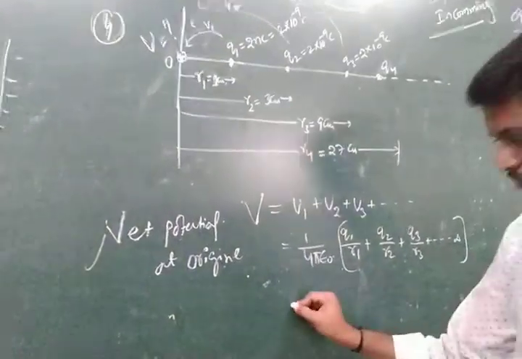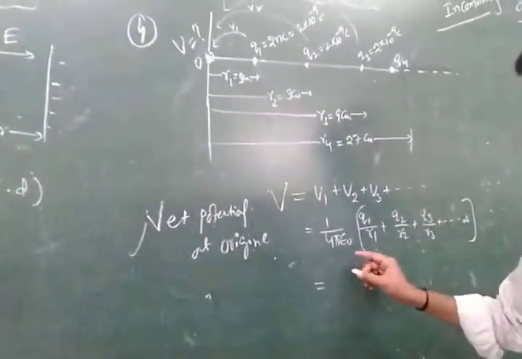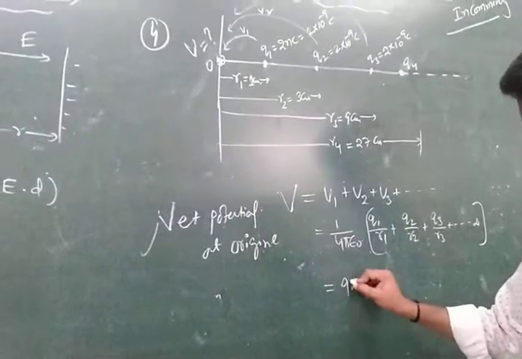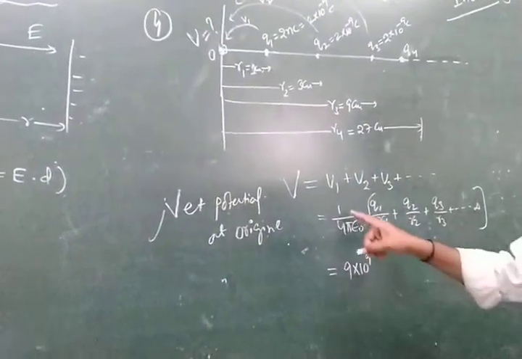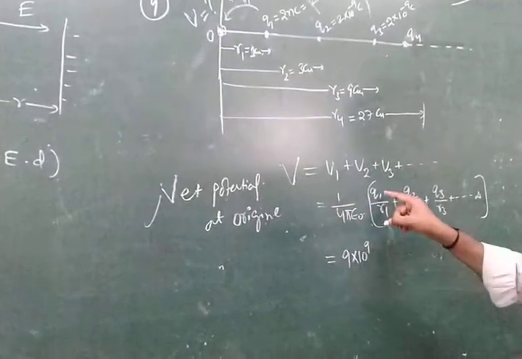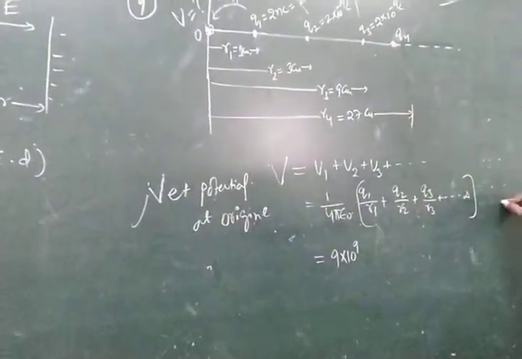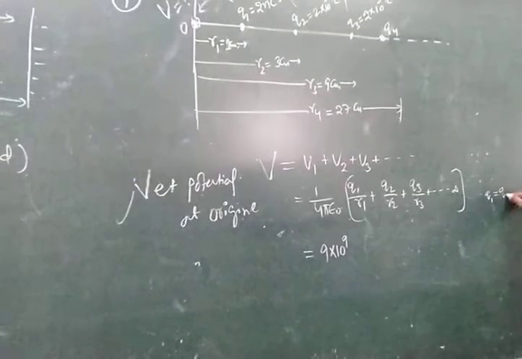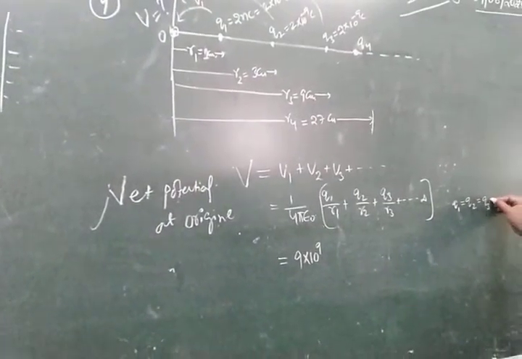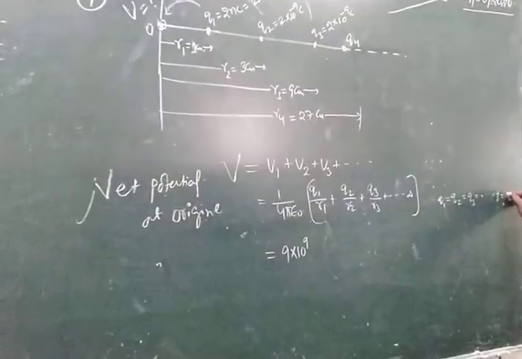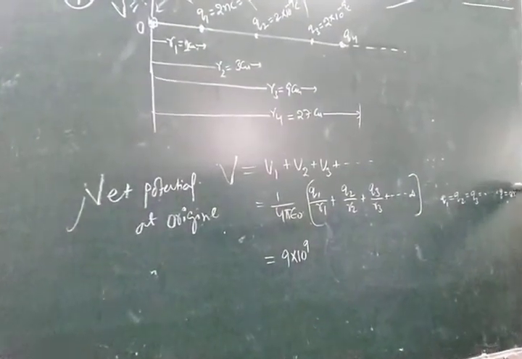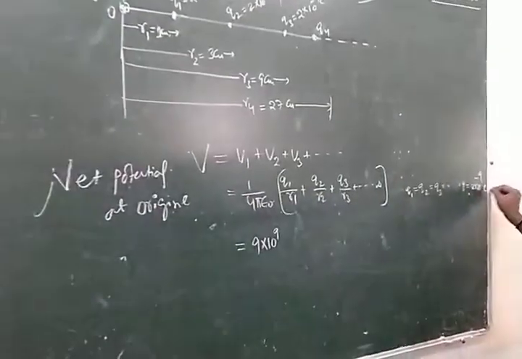The value of 1 by 4 pi epsilon naught is 9 into 10 to the power of 9. Here the charges are identical, all the same: Q1 equals Q2 equals Q3 and so on, equal to Q, which is 2 into 10 power of minus 9 coulombs.